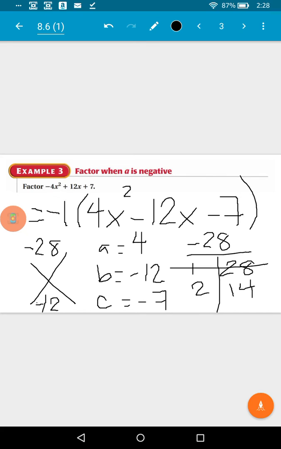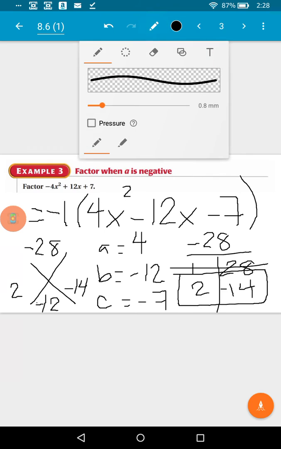One of them has to be negative, and in order for me to get negative 12 when I add them, 14 has to be negative. 2 times negative 14 is negative 28, and negative 14 plus 2 is negative 12. So over here, I'm going to have 2 and negative 14.